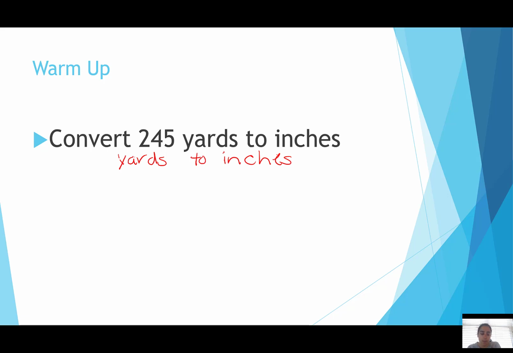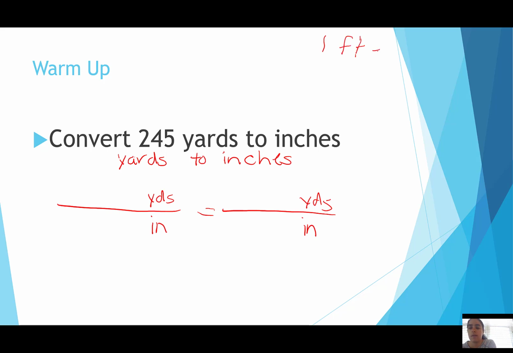All right, so I'm going to set up this problem going yards to inches. Now let's say you don't remember how many inches is in 1 yard. Let's remember what we do know. We know 1 foot is 12 inches.